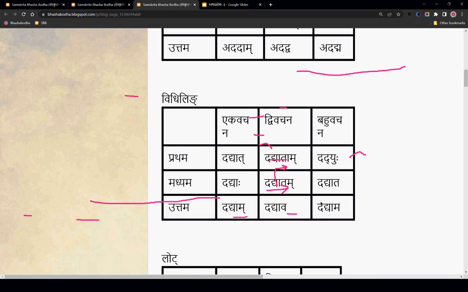I'm just showing this because yacha is also used, but many times while you are reading some story or some piece of prose, you might come across this da, dadyat also, which is also common. So be familiar with these forms also.